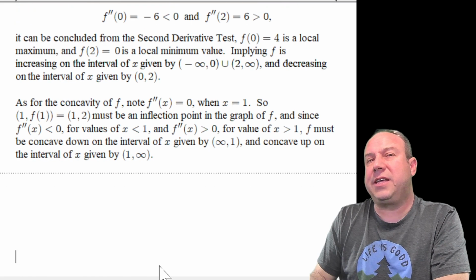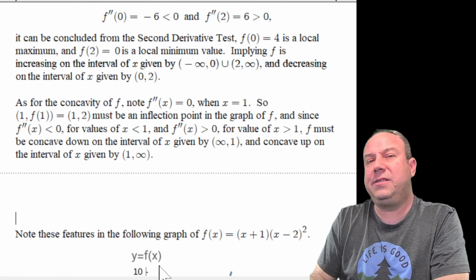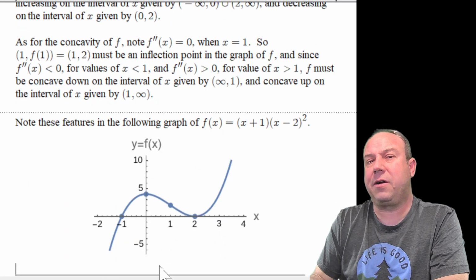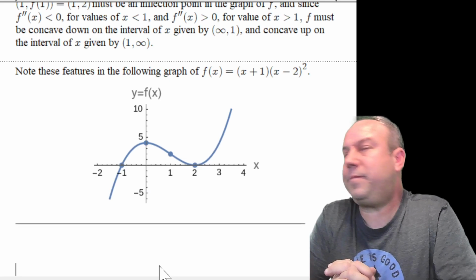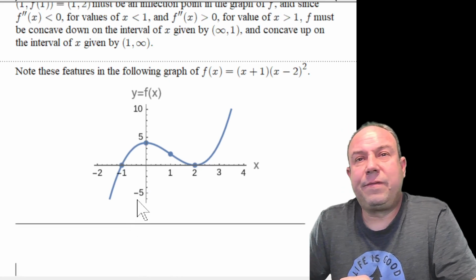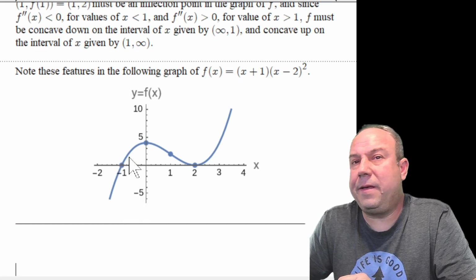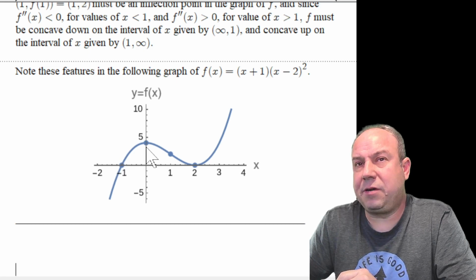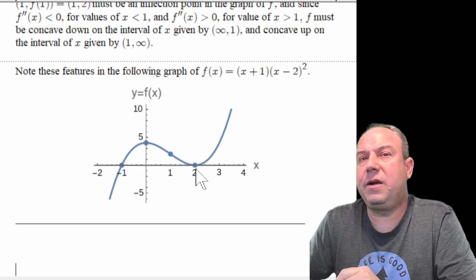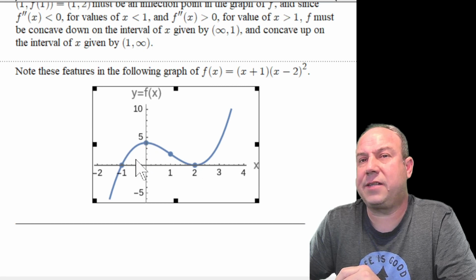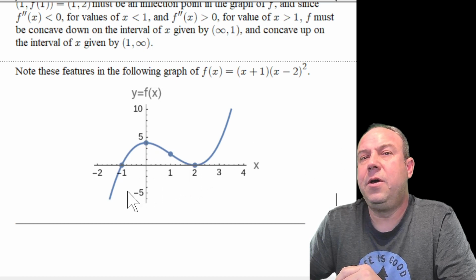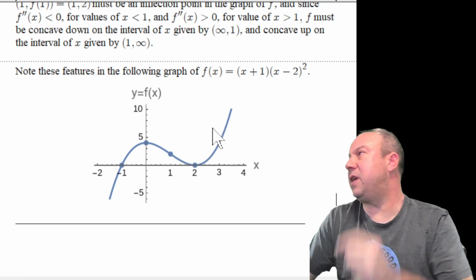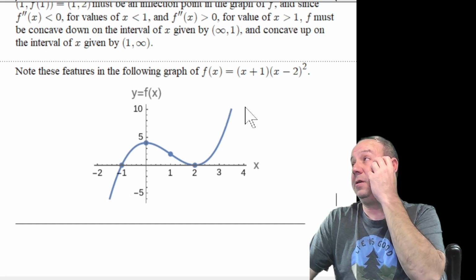If we put all this together in the graph, we see these features illustrated in our graph. First of all, you can see our intercepts at negative 1, comma 0, 0, comma 4, and 2, comma 0 for our x and y intercepts. We see that end behavior does resemble our cube function. Right?